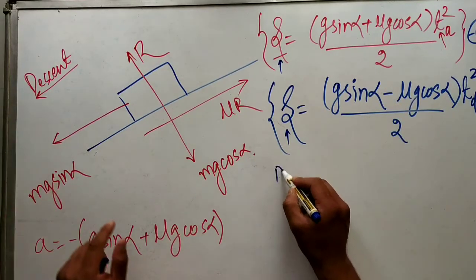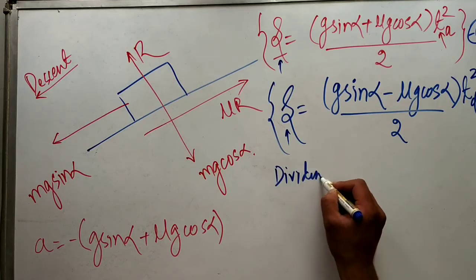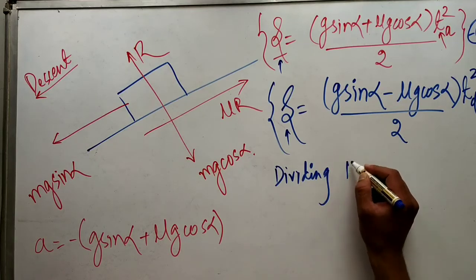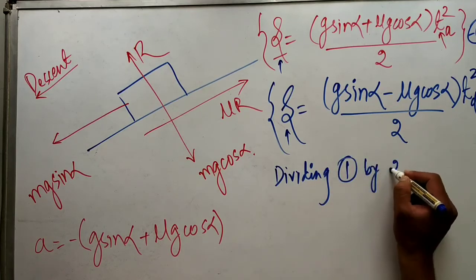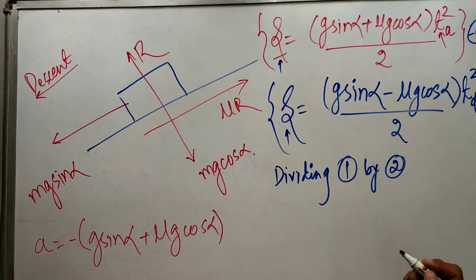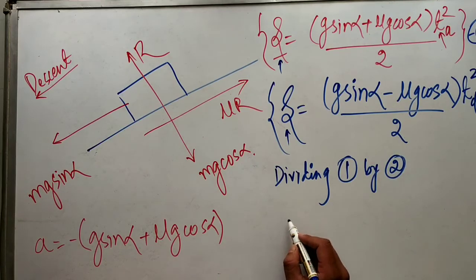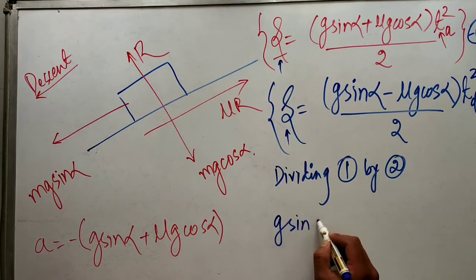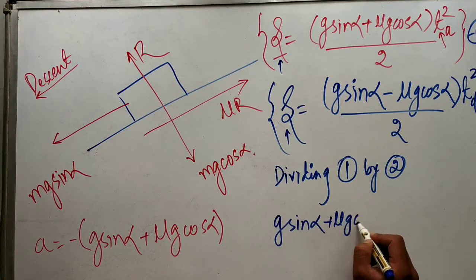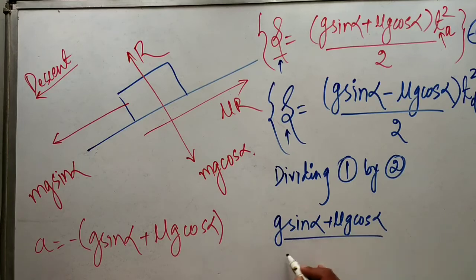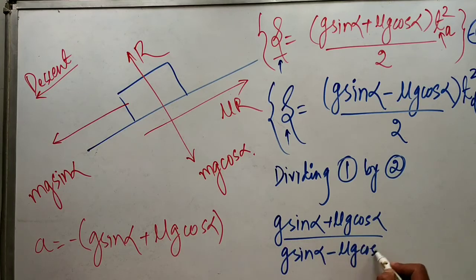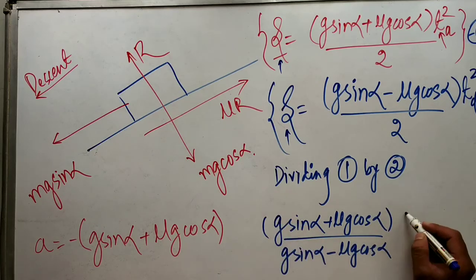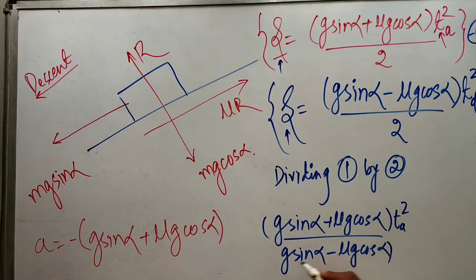Dividing the first equation by the second equation, we get (g sine alpha plus mu g cos alpha) divided by (g sine alpha minus mu g cos alpha) times ta square by td square equal to 1.